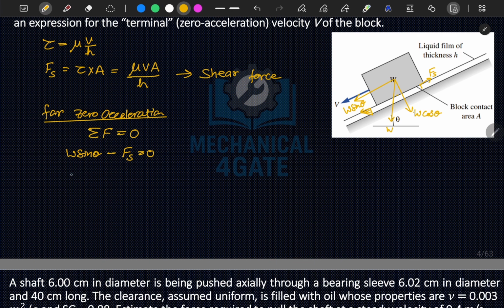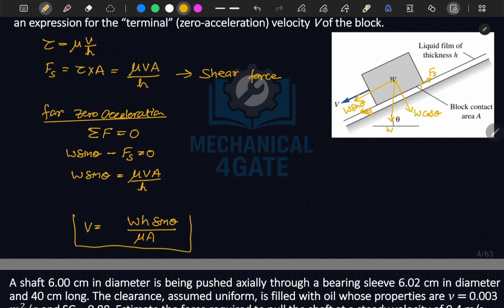If we substitute the values, we obtain W sin theta is equal to mu V A by H. So from here we can write V is equal to W H sin theta by mu times area. This is your terminal velocity.